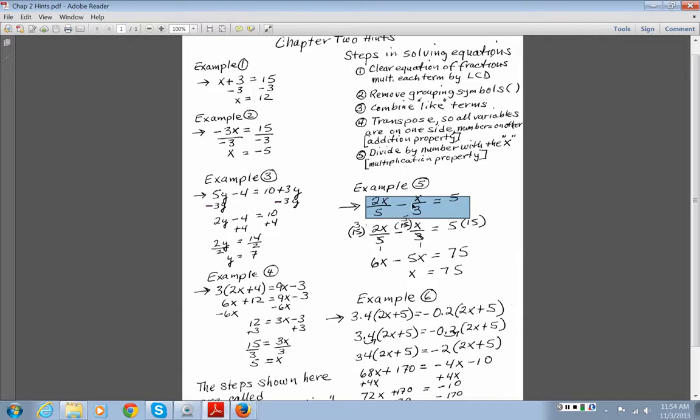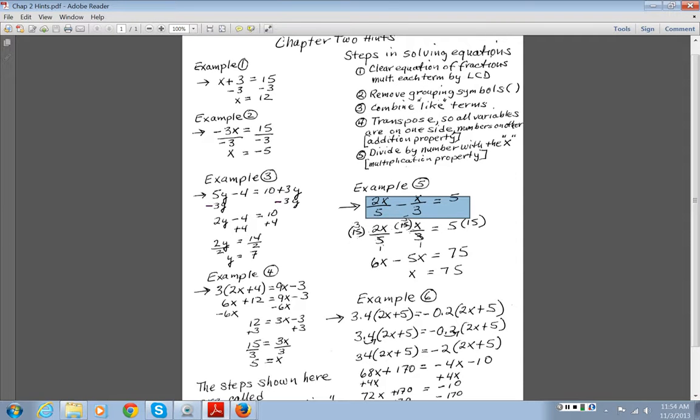So I have 3 terms. I'm going to multiply each term by 15. And in this case, I wrote the equation again so you can see how we do it. We put a 15 by each term. And now we're going to multiply 15 by this first fraction. But before I do it, I'm going to cancel out the 5 into the 15 and get a 3.